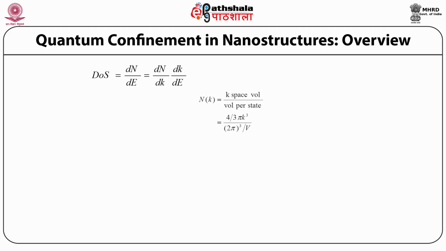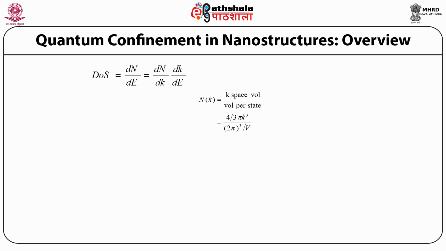Here n as a function of k is equal to k space volume divided by volume per state, which is equal to 4 by 3 pi k cube.